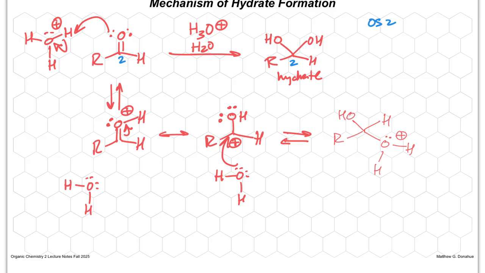We shuffle around the plus charge. Then the last step is just a proton transfer. And we're going to use water to do that. Because then that will regenerate the hydronium ion.